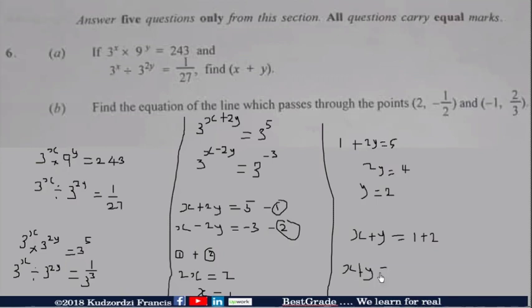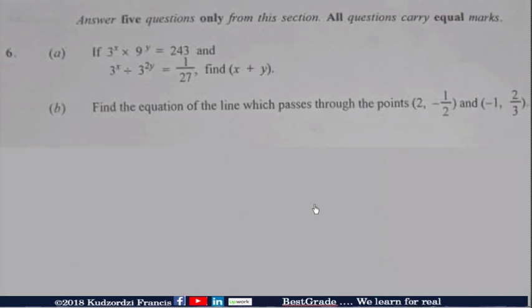Now let's look at the second aspect. We want to find the equation of the line passing through these points. So first of all, we need to find the slope of that line. Then we use the formula y minus y1 is equal to m, which is the slope, times x minus x1.